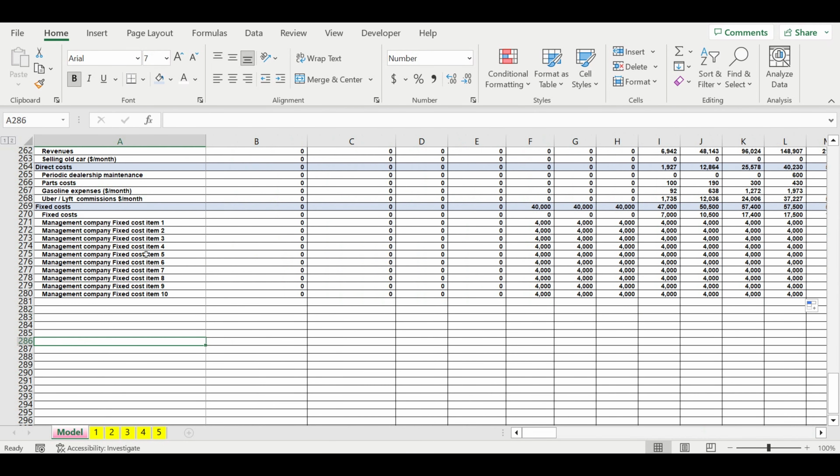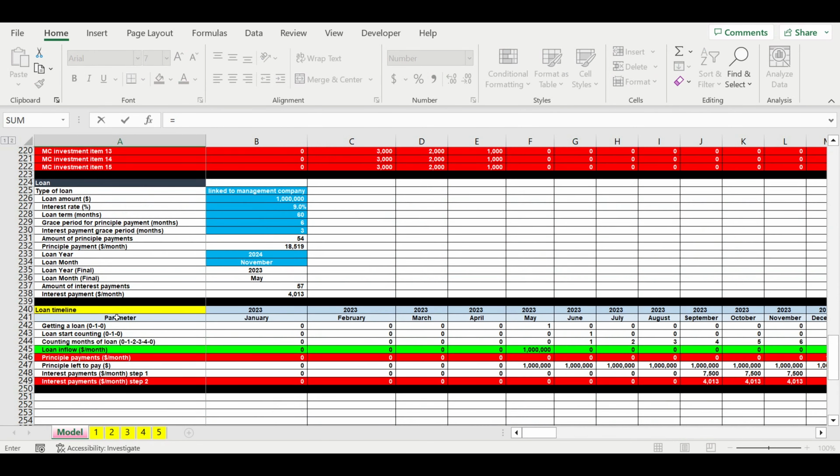Then we are moving to payroll. Payroll will consist of two parts as well.